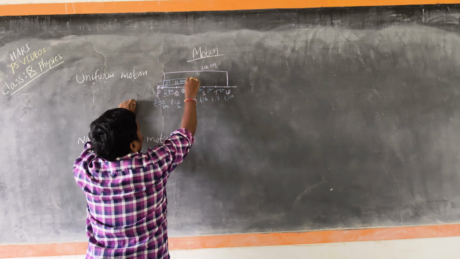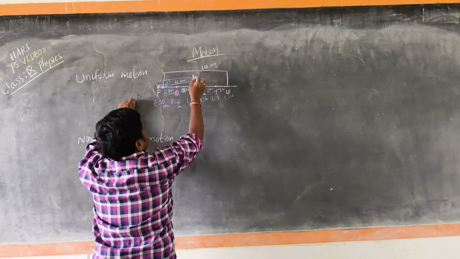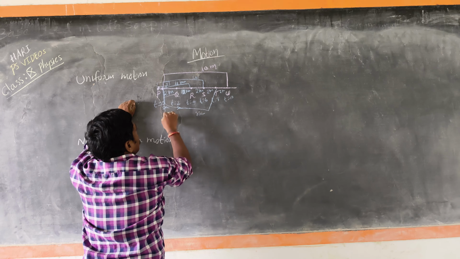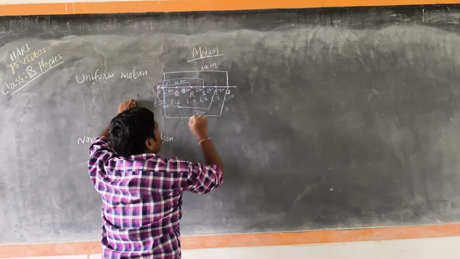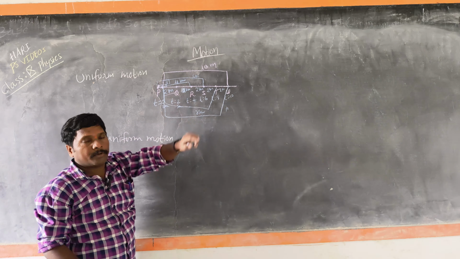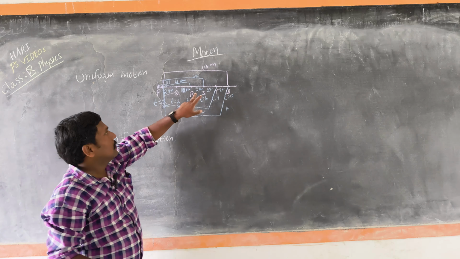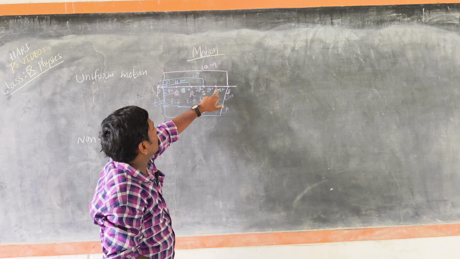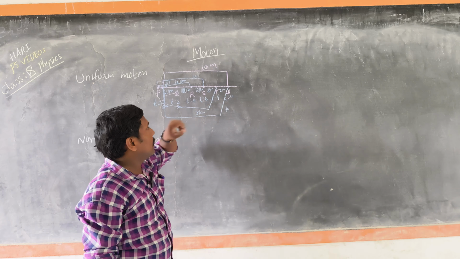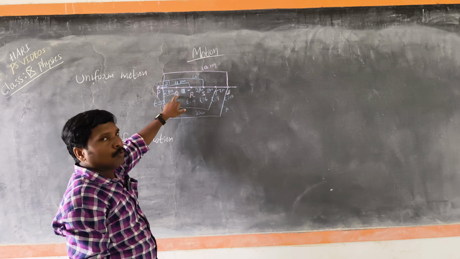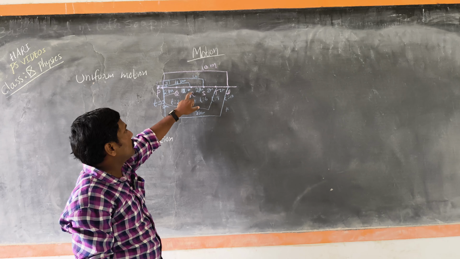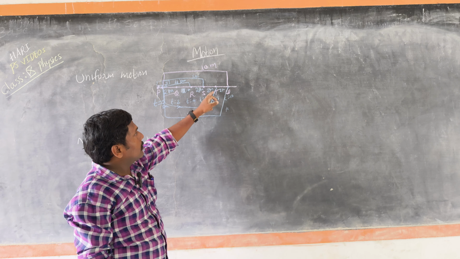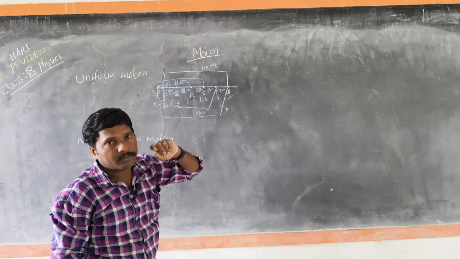Then P to S 6 meters, P to T 8 meters, P to U 10 meters. Total 10 meters, sorry, meters, not kilometers. P to Q 2 meters, Q to R 2 meters, R to S 2 meters, S to T 2 meters, T to U 2 meters.